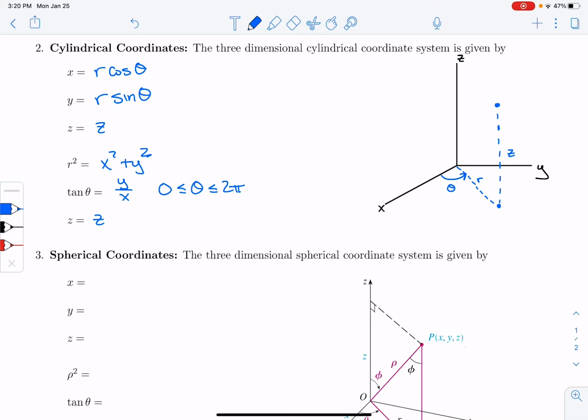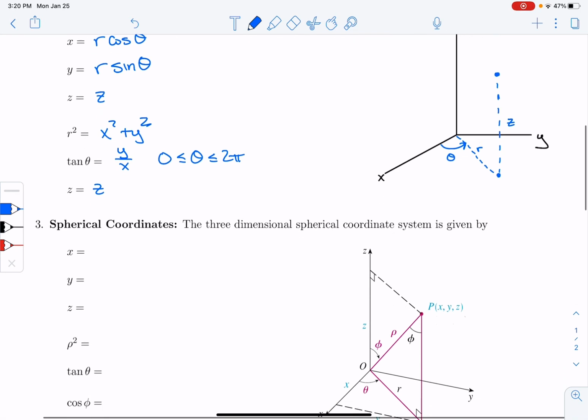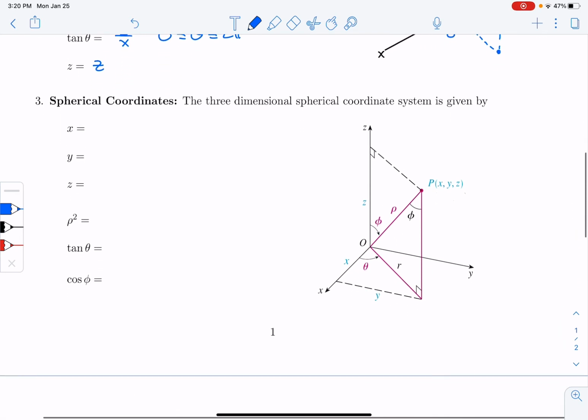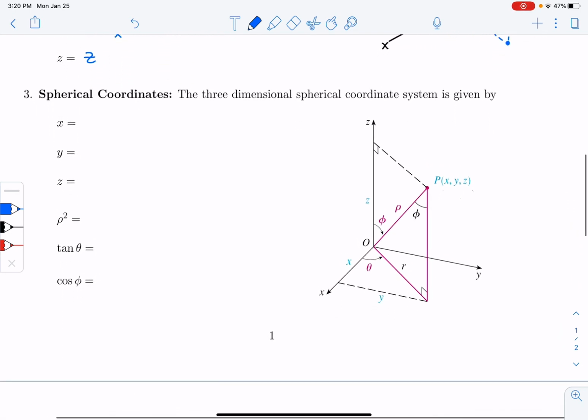Now let's move finally to what are called spherical coordinates. Spherical coordinates are going to be a coordinate system where we specify a point based on its distance from the origin in 3 dimensions and then 2 angles. So here we're going to have a point.